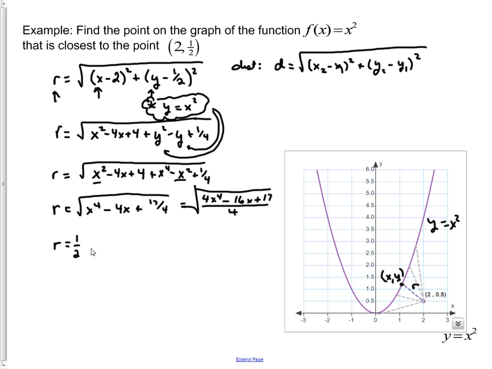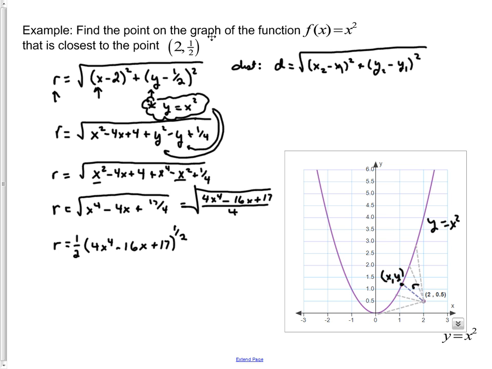This will become 1/4 times the square root, which is the 1/2 power, of 4x to the 4th minus 16x plus 17. Sorry, this is to the 1/2 power, so that you're not drowning in a lot of algebra right here.